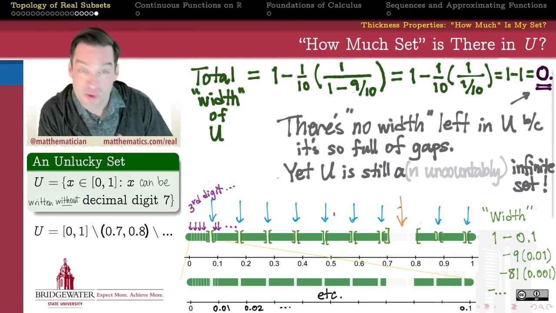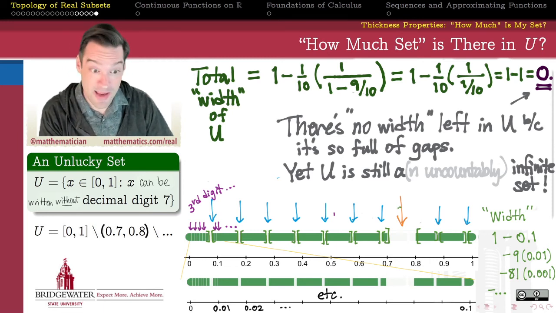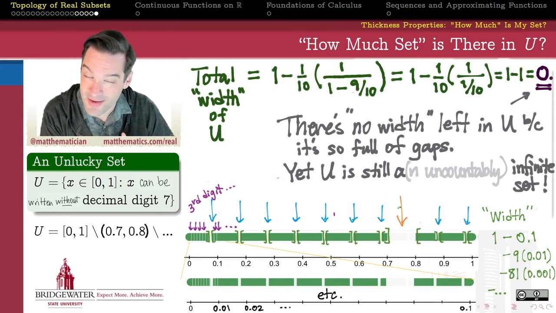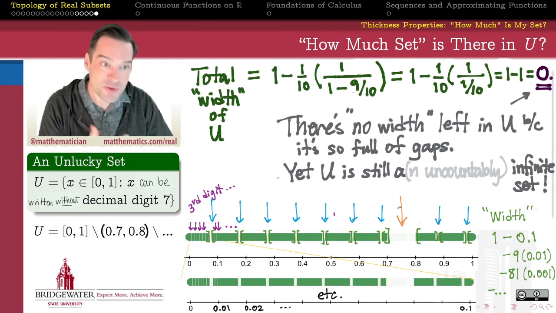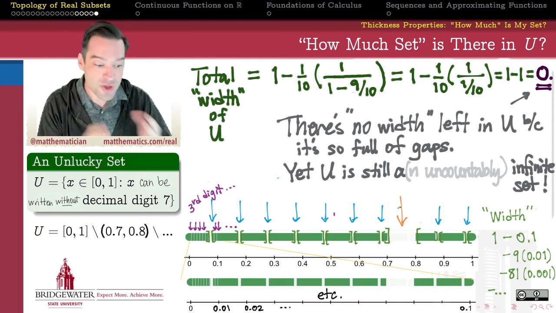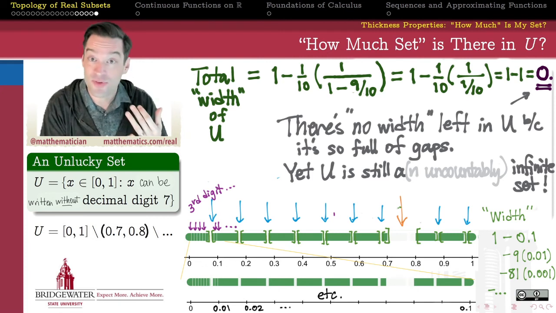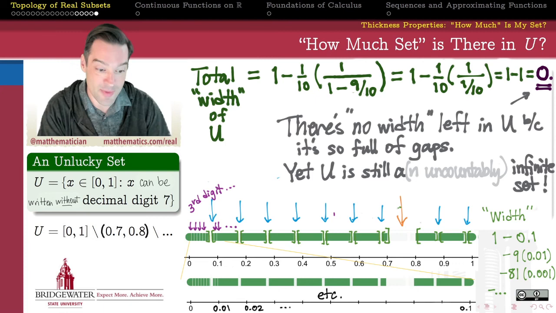So measuring the width of sets is valuable in a measure theory context, but in our topological context, we mostly care about things that we can define just with reference to things like open sets or sequences and that kind of stuff, right? And so width is not going to be ultimately what we hang on to.